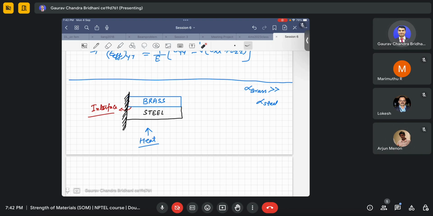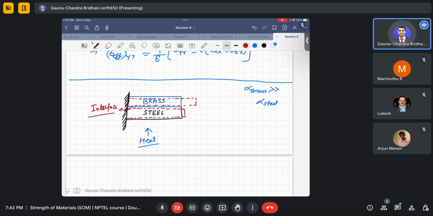So I'll draw the deformed shape of brass. It will be something like this. And the steel will also change, but it won't change that much. It will change this much only, very little. Now, if we assume that the brass and steel are going to deform independently, what I have drawn is perfectly fine.